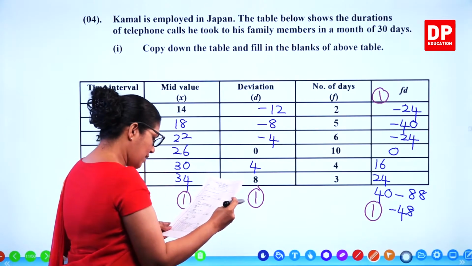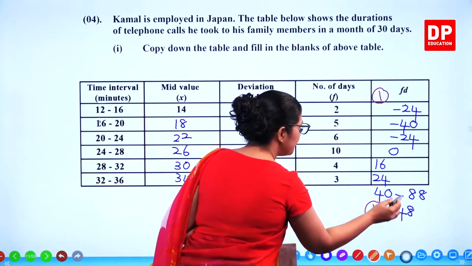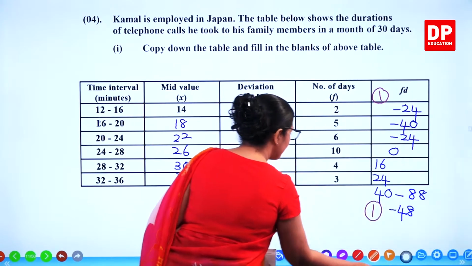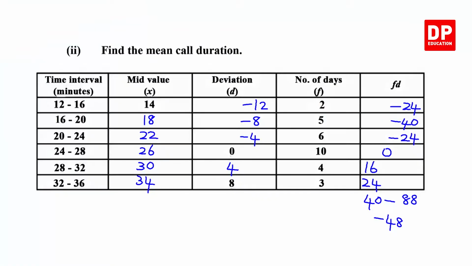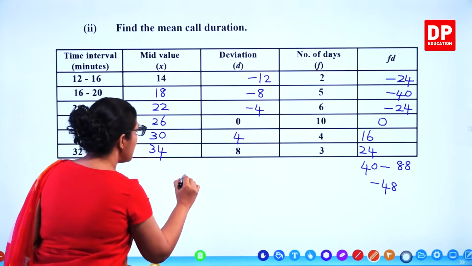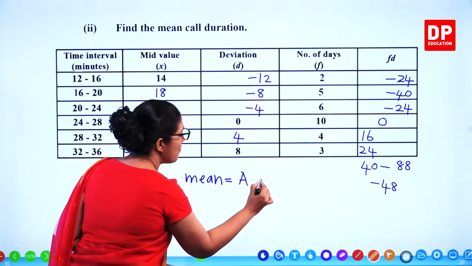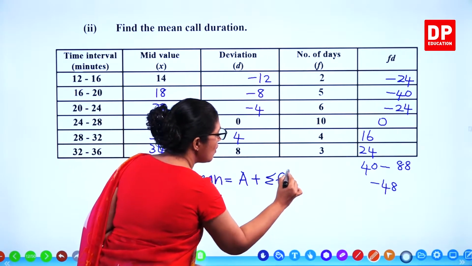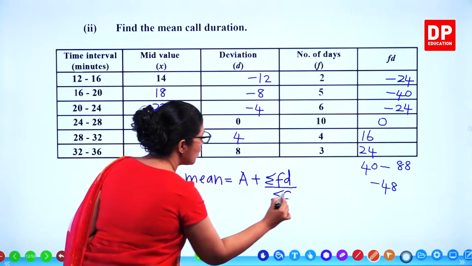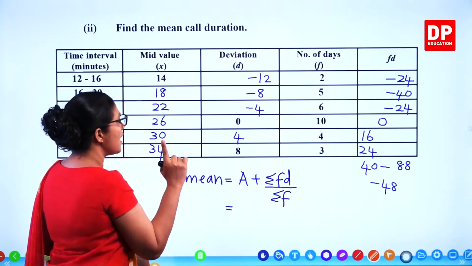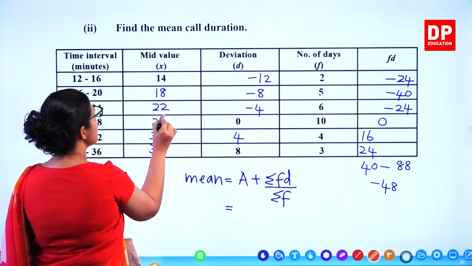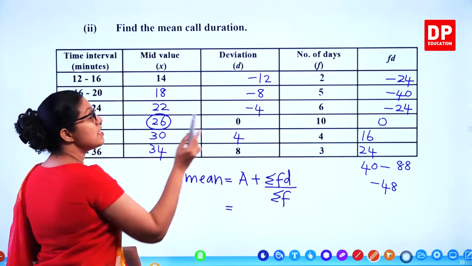So let's do the next one. Now find the mean call duration. So how do you find the mean? Mean is equal to assumed mean plus sigma FD over sigma F, total frequency. The assumed mean is 26, where you get deviation 0.